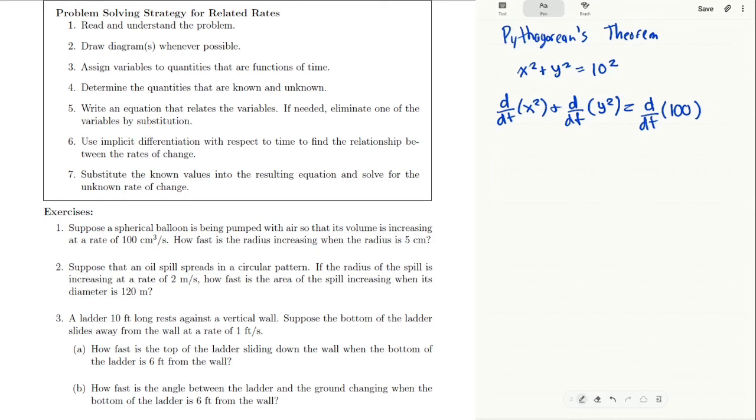So here we need to remember to use the chain rule. So we have 2x times dx over dt plus 2y times dy over dt is equal to 0.